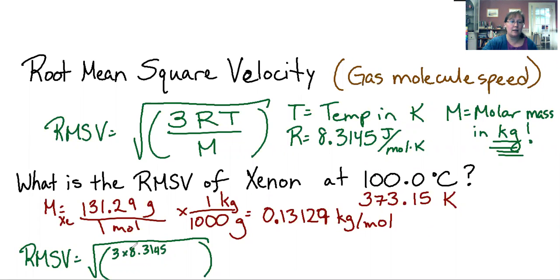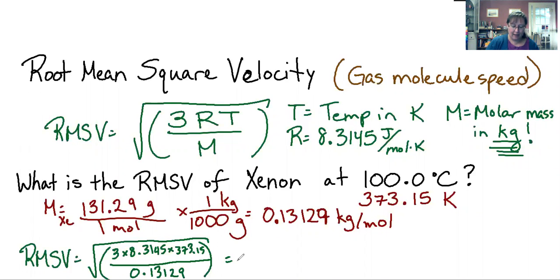Let me make that a times. Times, in this case, 373.15 kelvins divided by our molar mass in kilograms, 0.13129. Now, you haven't done this yet, so I want you to pull out your calculator and do it with me. Go ahead and pause the video while you're calculating.